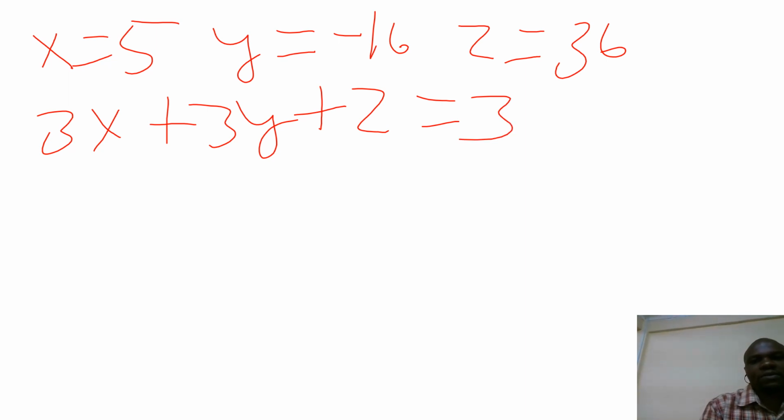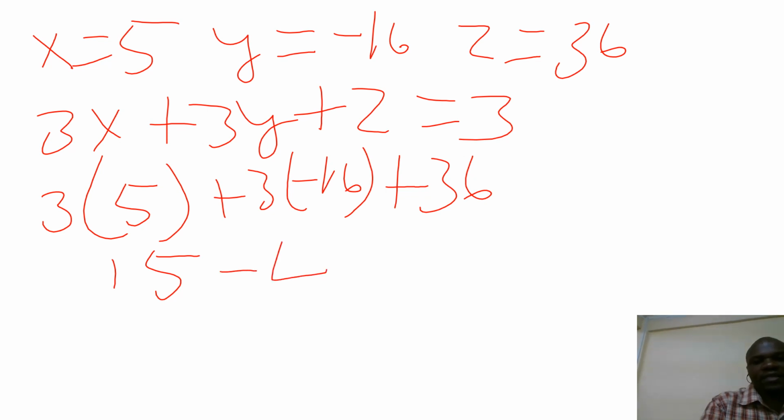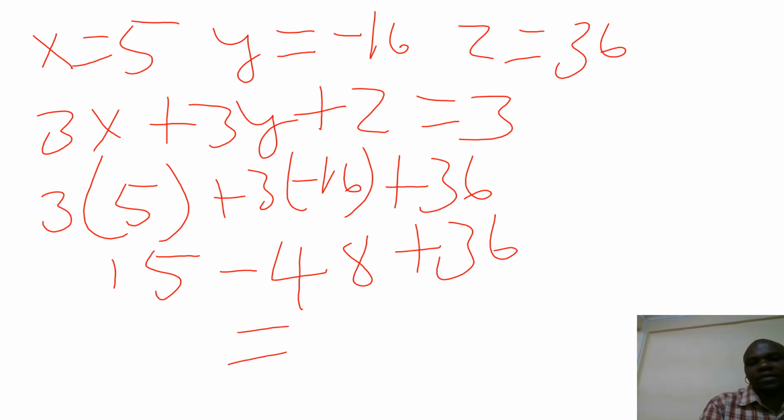We see if we are going to get this. So we are going to have 3 multiplied by 5, then plus 3 times negative 16 here, and then plus 36. So remember this one is 15, then minus 48, and then plus 36 there. And if you add this, you're going to get this one being 3. So you can see our equation is true.